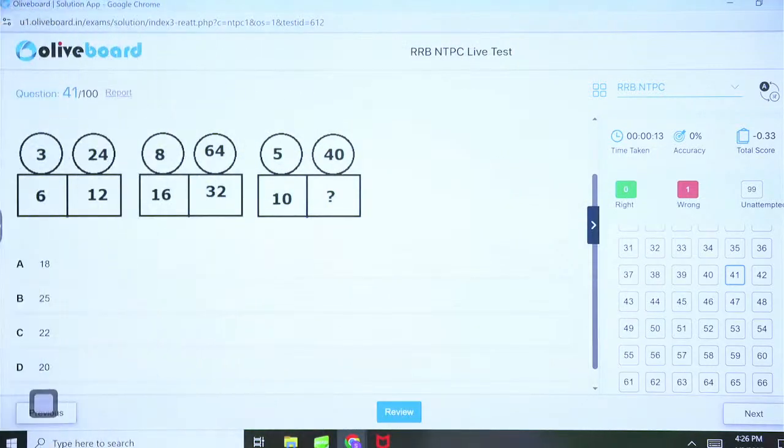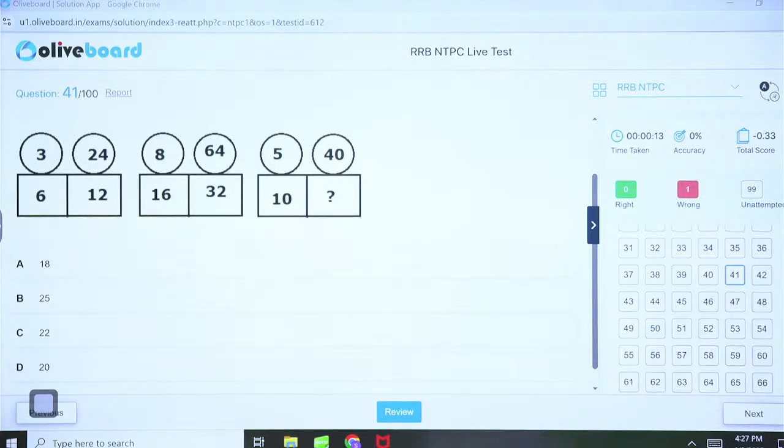These questions are interesting always. And a very easy question.